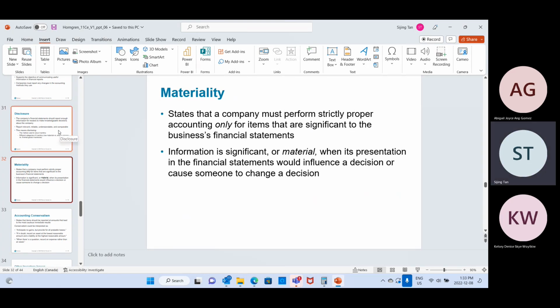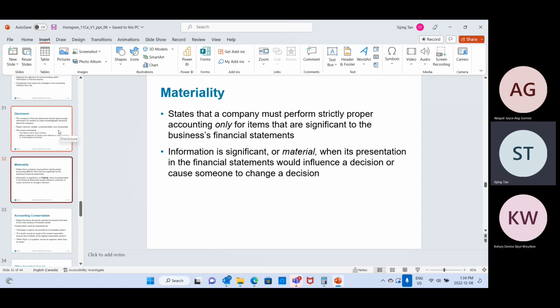Materiality. This is an accounting principle stating that a company must perform strictly proper accounting only for items and transactions that will influence decision making. Therefore, if something would not influence the decision making of external users, then it's too small and does not have to be recorded in strict compliance with the rules.